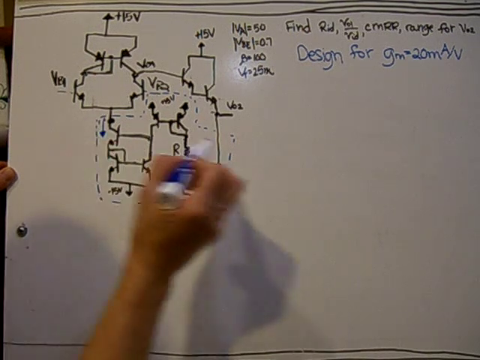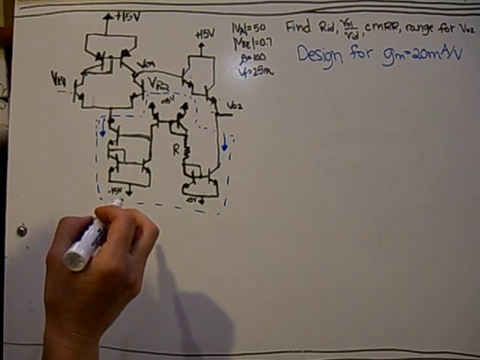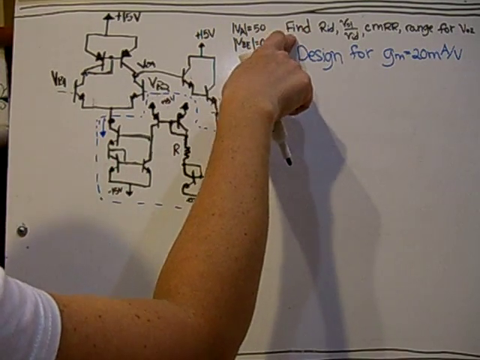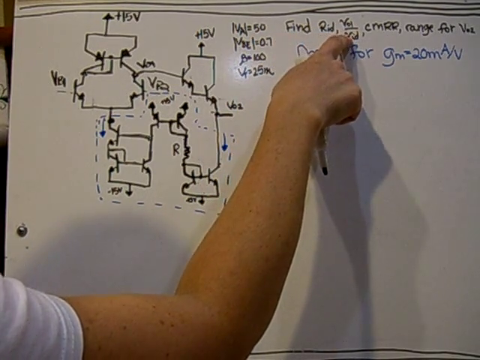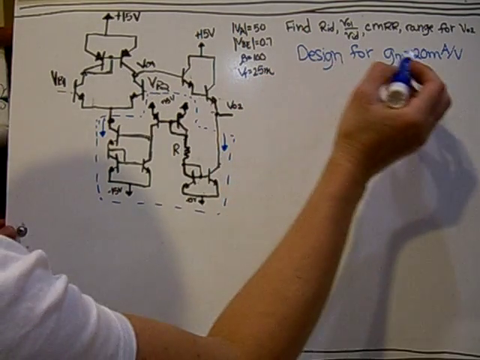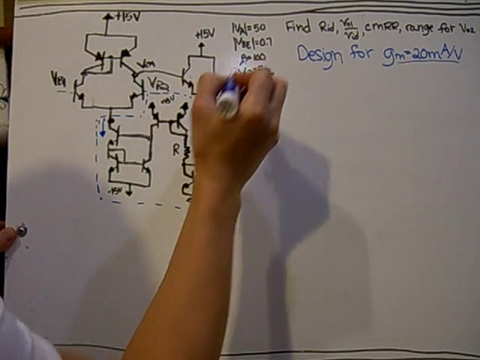One is here and one is here. The problem wants to find the differential input resistance RID, the gain VO1 over VID, CMRR, and the range for VO2. It's given to design it for GM equal to 20 milliamp per volt.